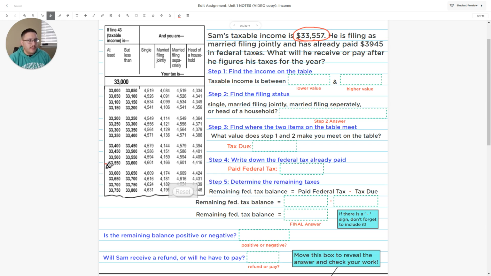And yes, so this, let me draw that a little bit better. These are the incomes that we're going to look at, between $33,550 and $33,600.